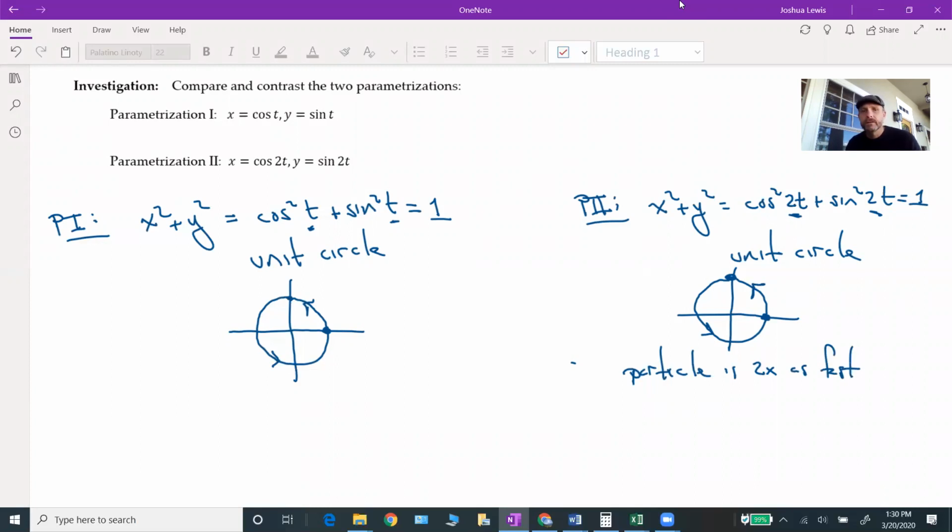In fact, if I only wanted to go around once, for one revolution, these t's would go from 0 to 2 pi, but for these t's, well, you tell me. Yeah, these t's would only have to go from 0 to pi. And again, look, 2 pi, just be that 2t. Okay.